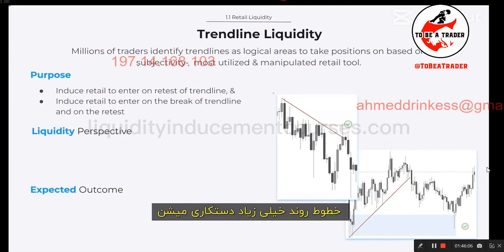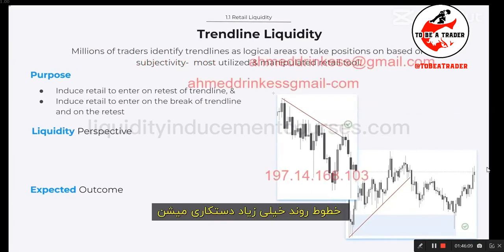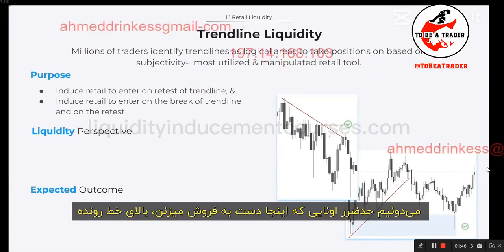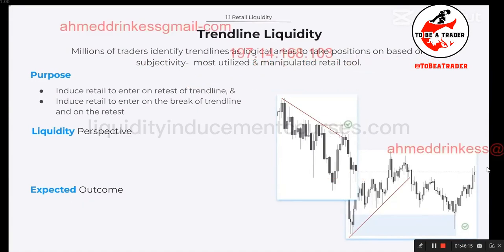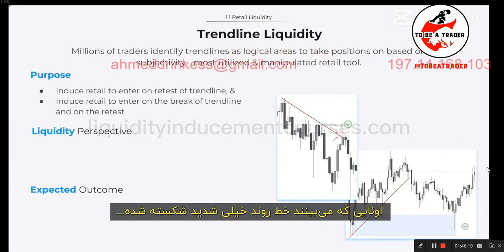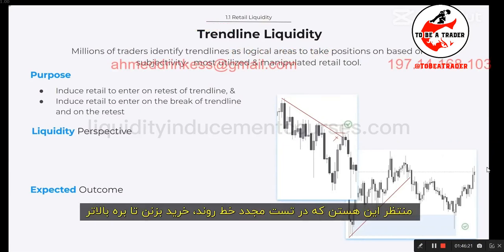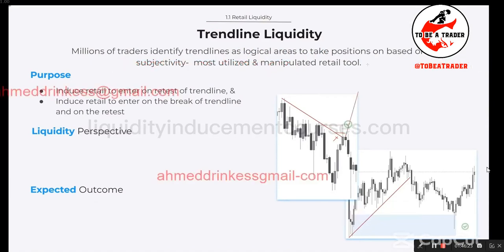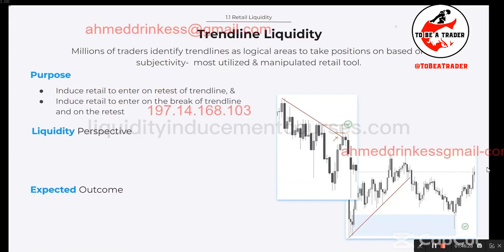Trend lines are heavily manipulated because when a trend line is broken like this, we know that those who are selling here have their stop loss above the trend line. They're losing. Those who see the trend line broken very drastically are looking to buy on the retest of the trend line to then go higher. So both of these types of traders are going to be losing. Even over here, what do you see?